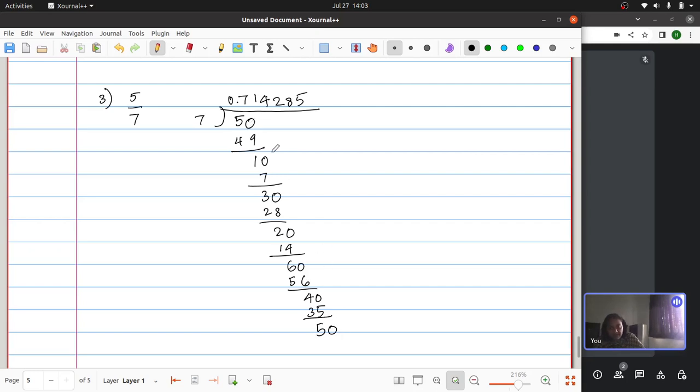So if you continue, this whole process will continue again. So what we get is 0.71428, the same thing will keep continuing.